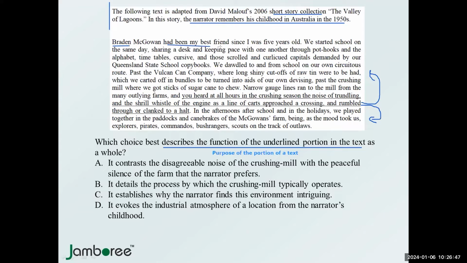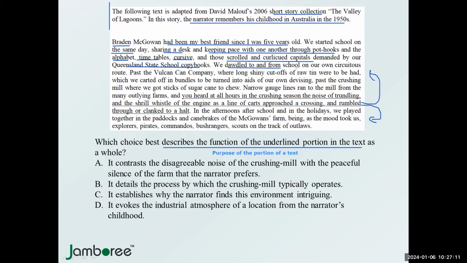Braden had been my best friend since I was 5 years old. We started school on the same day, sharing a desk, keeping pace with one another through pothooks and the alphabet, timetables, cursive, and those scrawled and curlicued capitals demanded by our school copybooks.